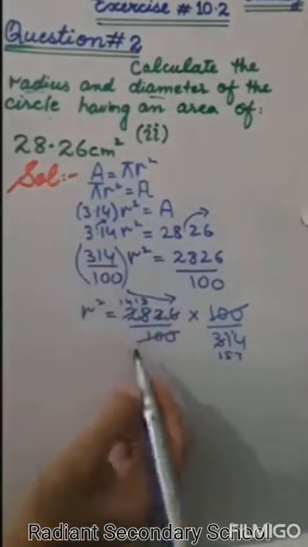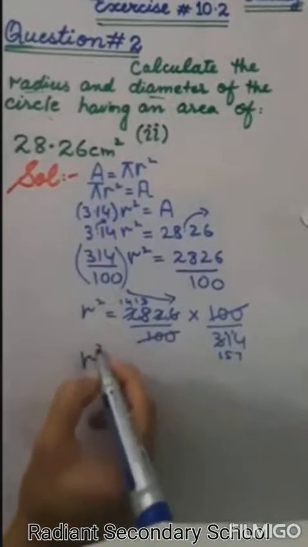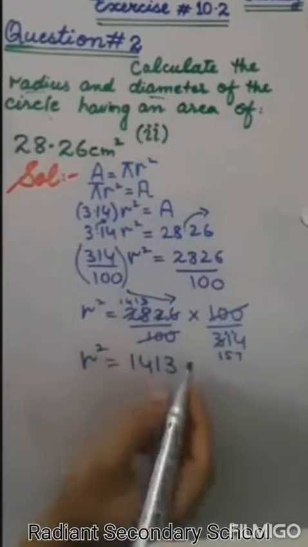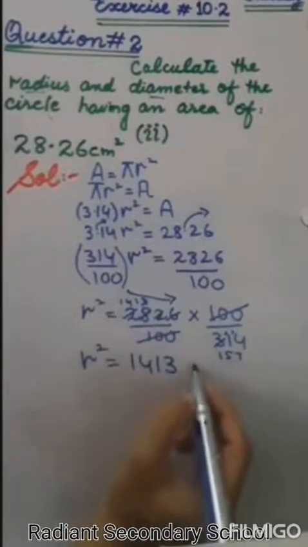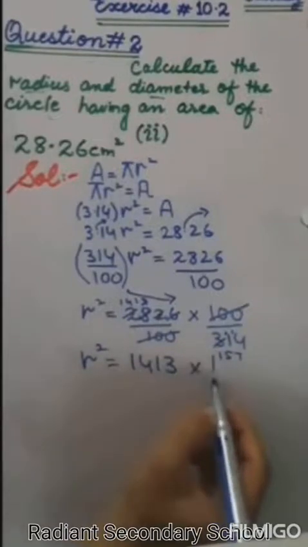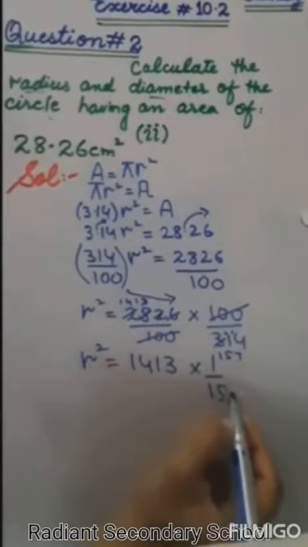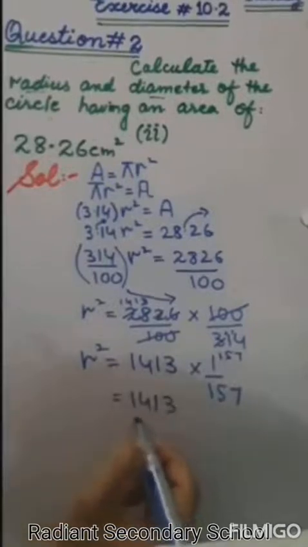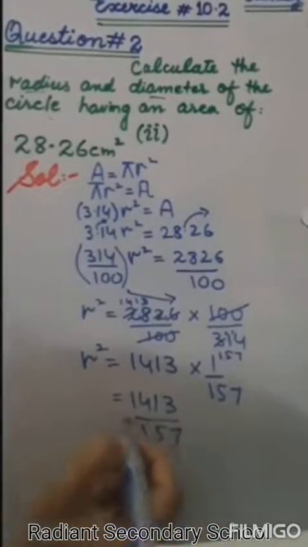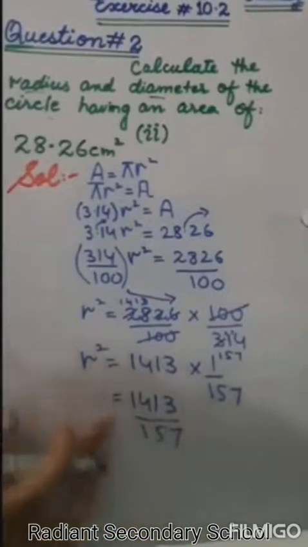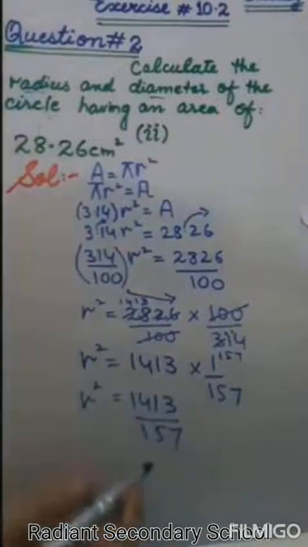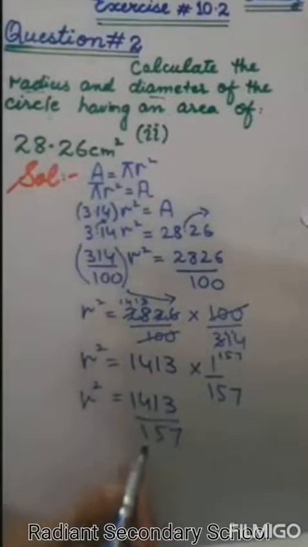Now r square is equal to 1413 remaining here, multiplied by 1 over 157. Now it becomes 1413 over 157. When we divide these two numbers, 1413 divided by 157, the answer becomes 9.